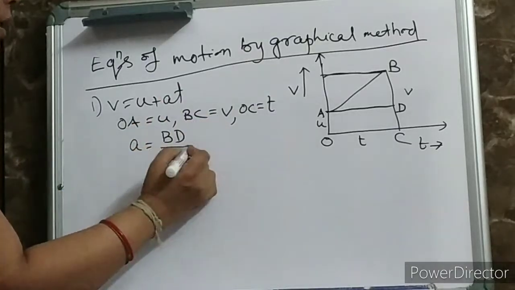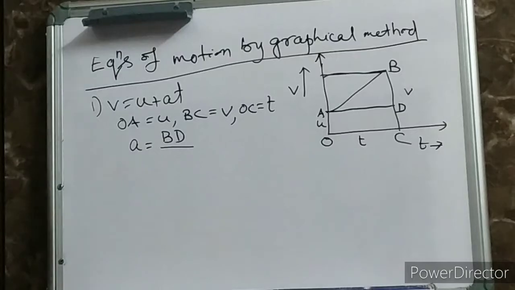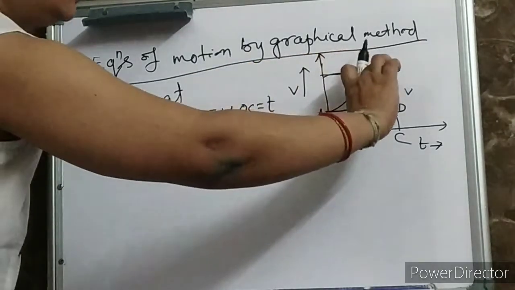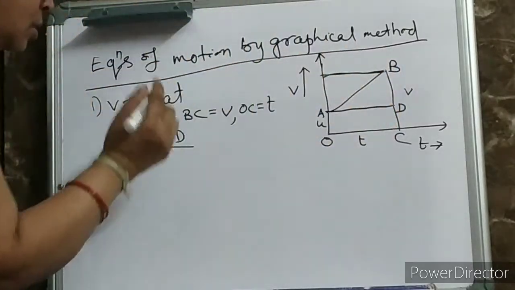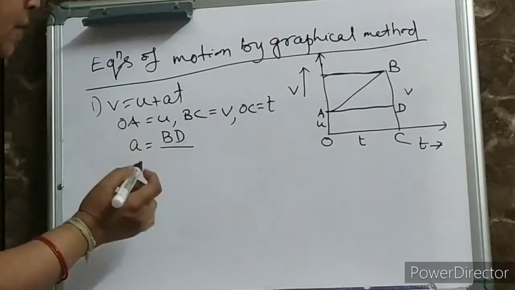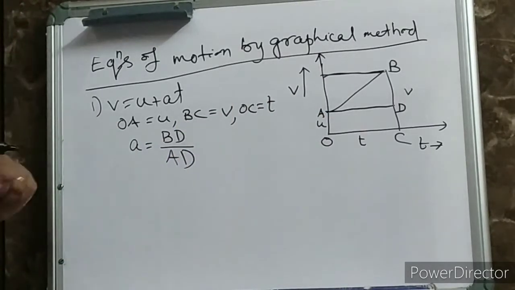So your acceleration A will be the change in velocity on the y-axis divided by the change on the x-axis. So A is BD by AD. Clear?